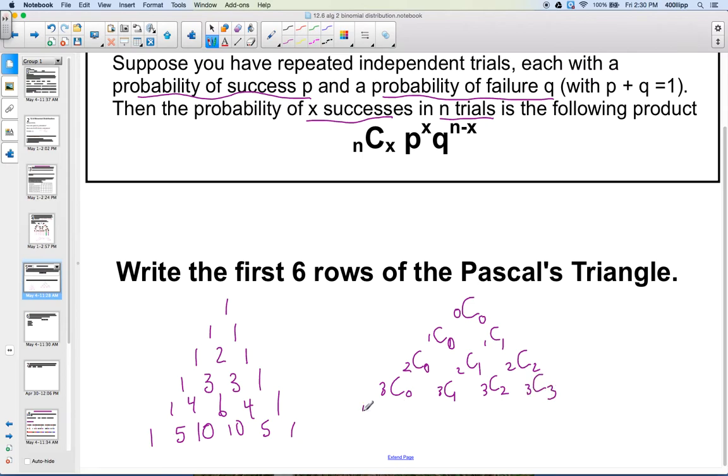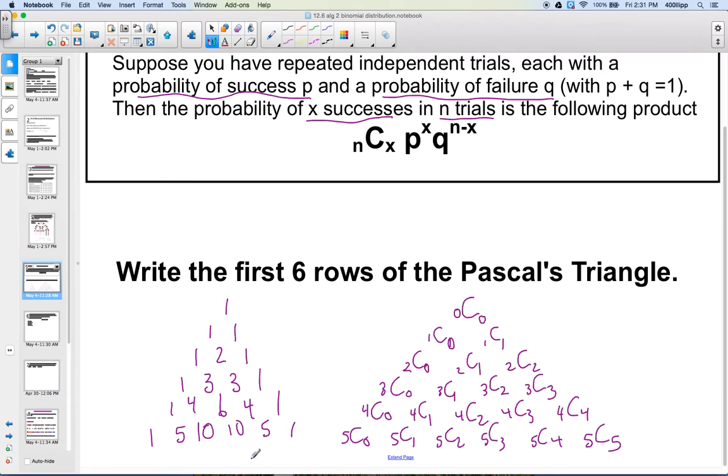This row is 4C0, 4C1, 4C2, 4C3, and 4C4. And finally, we have 5C0, 5C1, 5C2, 5C3, 5C4, and 5C5.